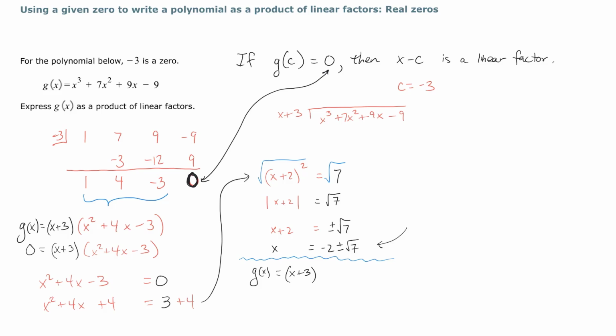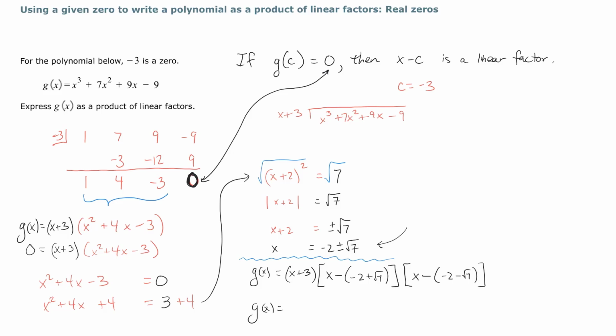So we are going to take a bracket here, x, subtract, let's say, negative 2 plus root 7. And then we'll also take an x and subtract negative 2 minus root 7. And that certainly will do it.